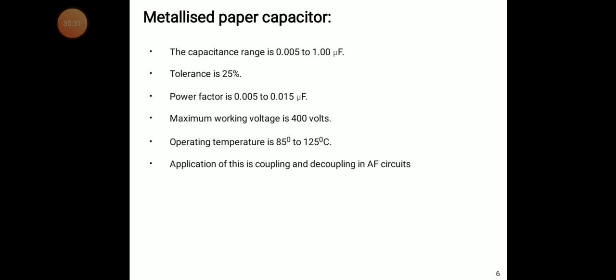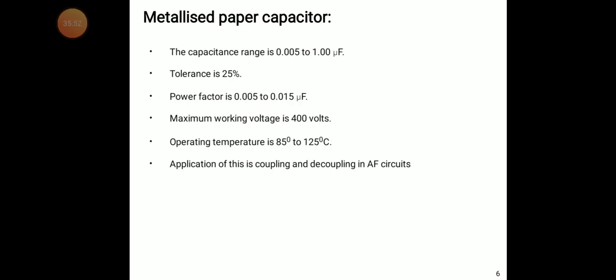Power factor is 0.005 to 0.015. The maximum working voltage of this capacitor is 400 volts. The operating temperature is 85 to 125 degrees centigrade.